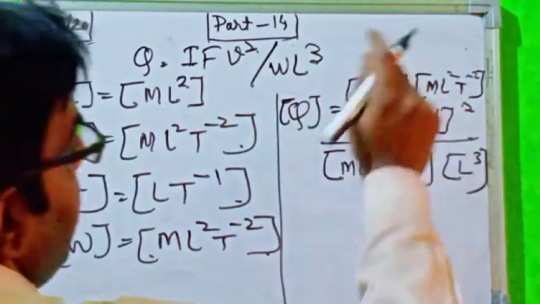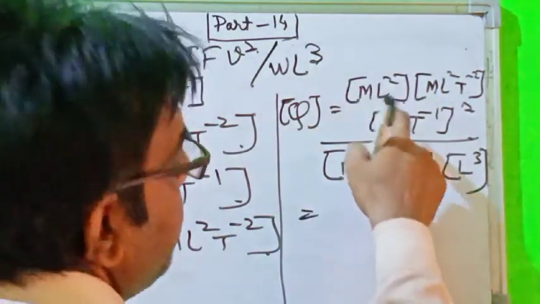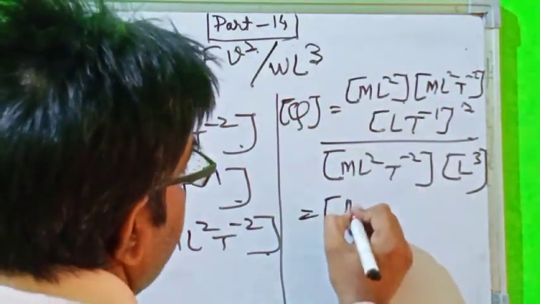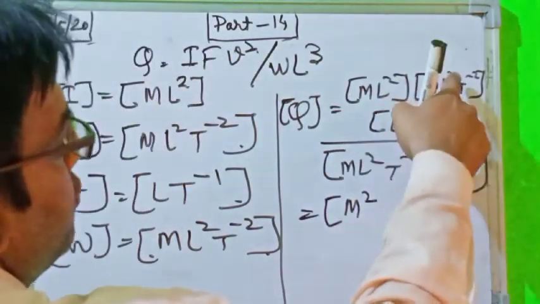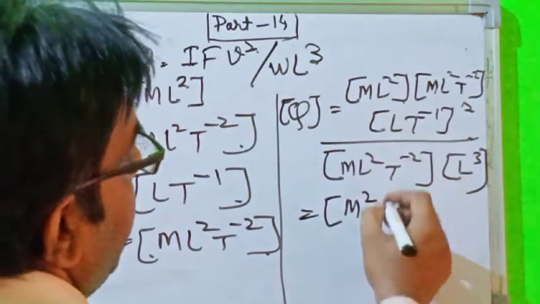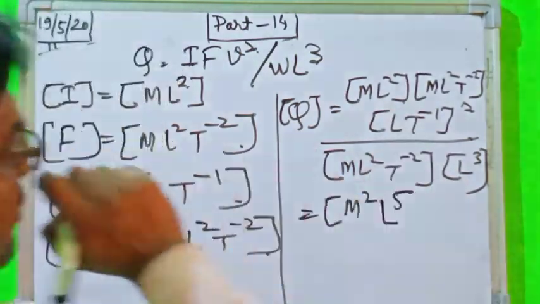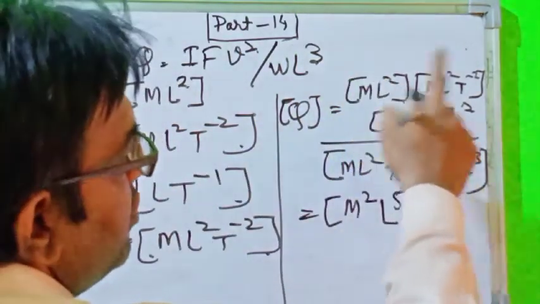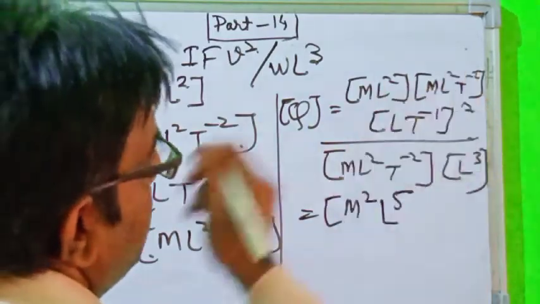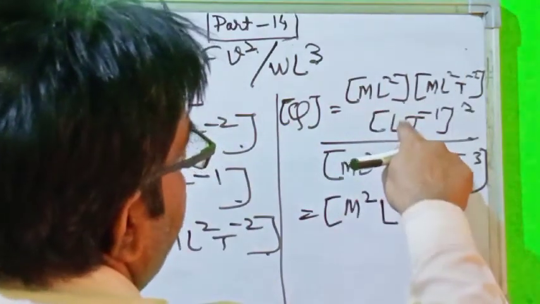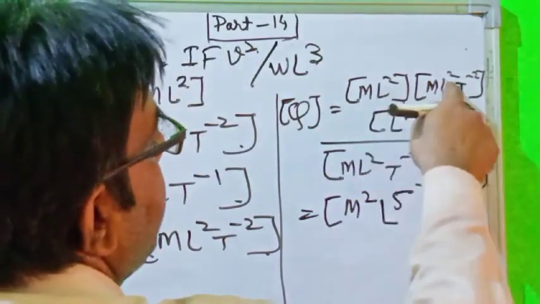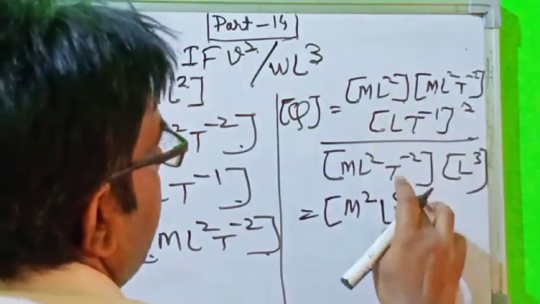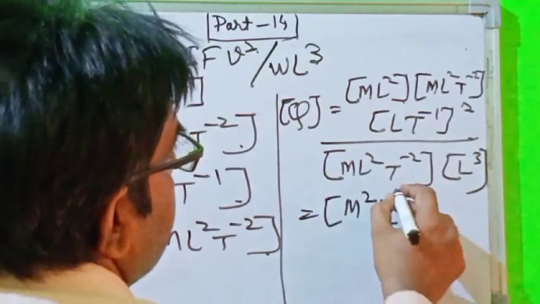M multiplied by M is M square. L square, L, L square, that is L to the power 5.